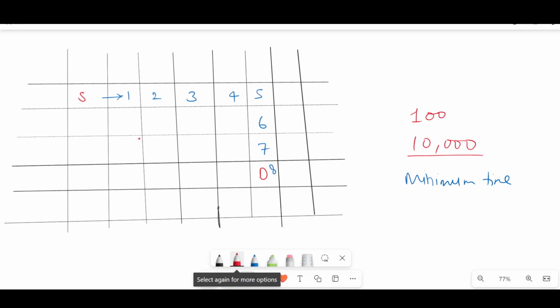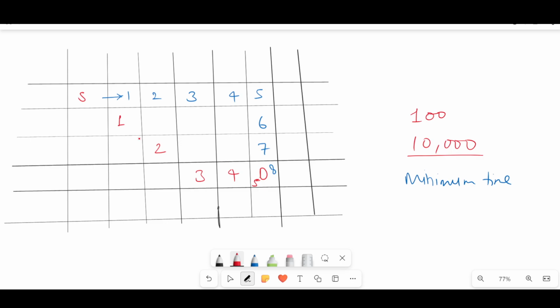Yes, there is. If I follow this path, in 1 second I can reach here, and then at the second, third, fourth, fifth. This is an alternate route, and it takes less time. It takes only 5 seconds. So I'm only concerned about this minimum route.